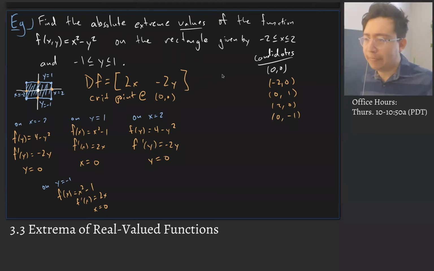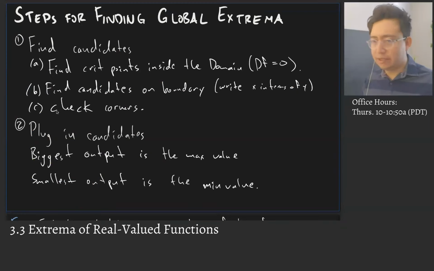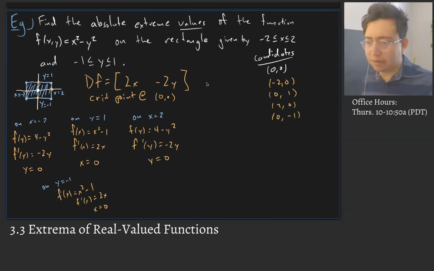Okay. Now we want to find the corner points here. So that's all that's missing, right? Because that was 2b, or 1b, I should say. We found the candidates on the boundary, right? And now we're going to check the corner points.